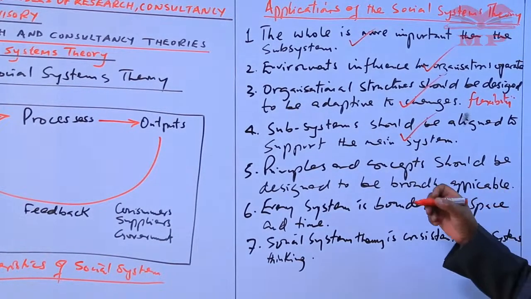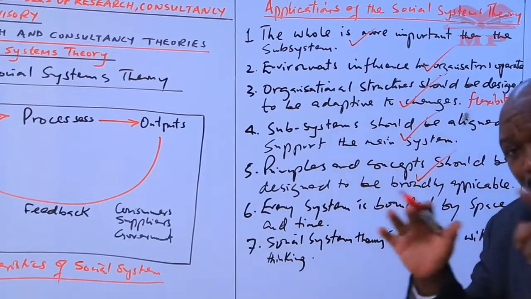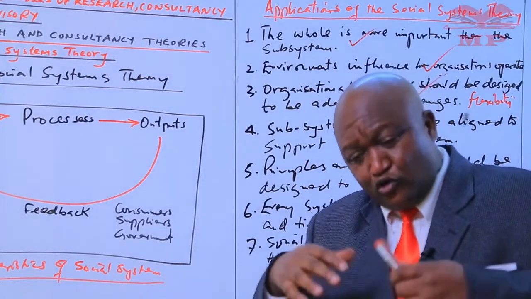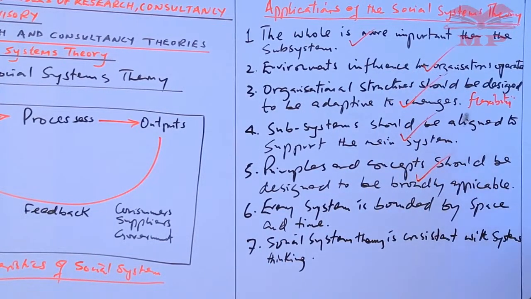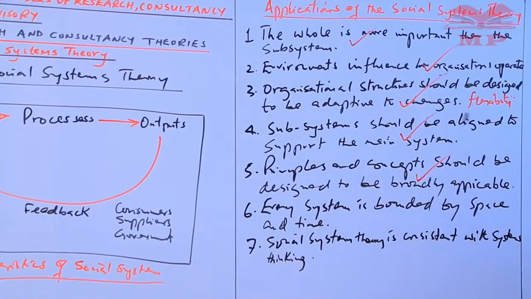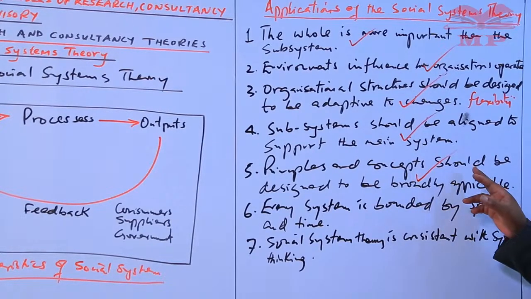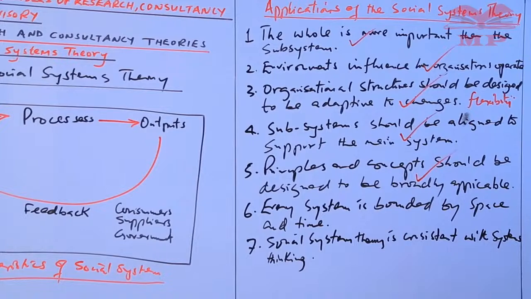Then number five, principles and concepts should be designed so that they are broadly applicable. If you are designing, say, a system within an organization, then that system should be strong enough and versatile enough to be applied within the organization to achieve the greater goals of that organization.